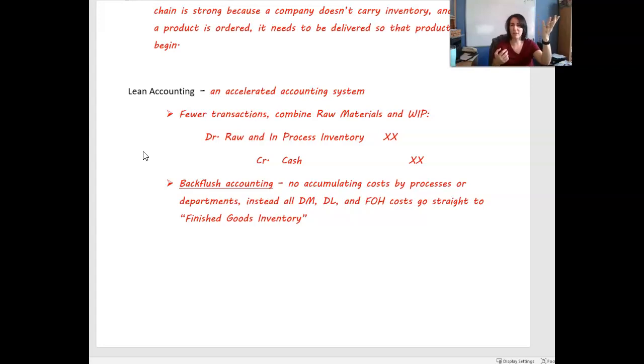No, because they're right back out. They're getting put directly into WIP. They come in, they go right into the cars. So it's a wasted step basically, to journalize them to raw materials and then take them out of raw materials and put them into WIP. So what we do is we debit something called raw and in-process inventory rather than raw materials and then WIP. We basically are putting them right into the WIP, and that's an asset inventory account used with lean accounting.